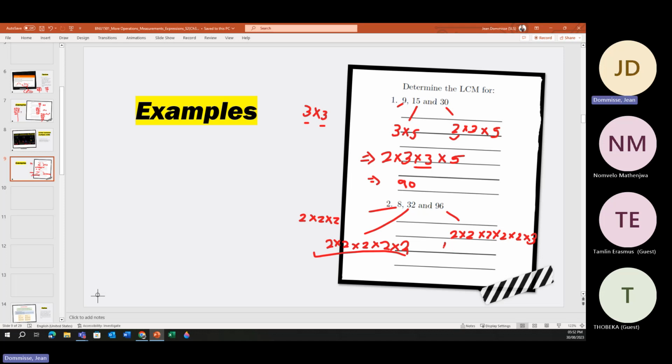So then that will actually be your lowest common multiple, which would be 96. Are you guys happy with that?